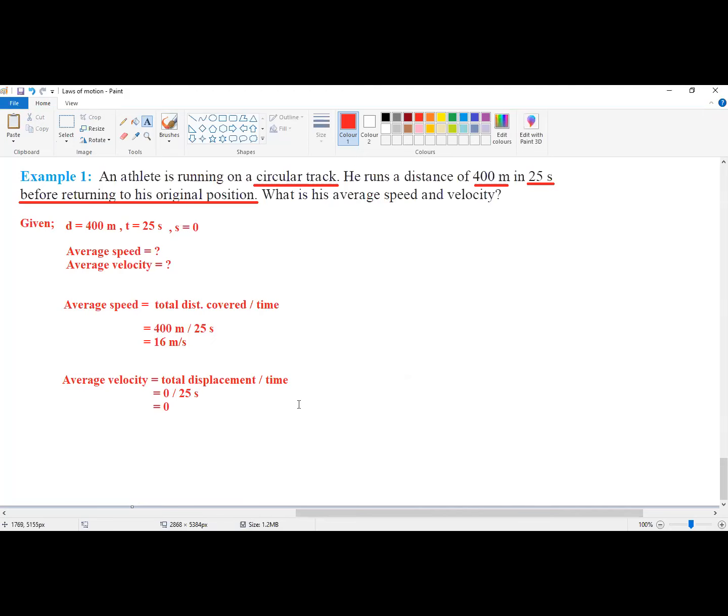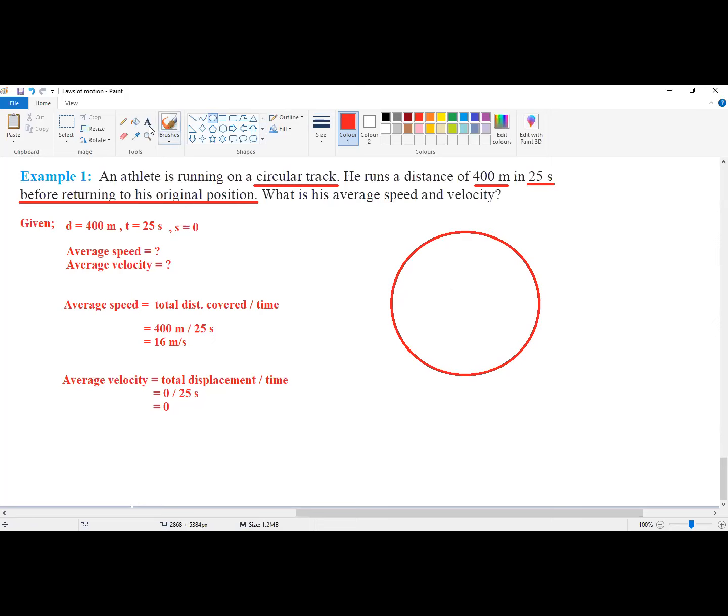Sir, how did you take that zero displacement? Yes, displacement is 0 because as per the given situation, the athlete is returning to his original position. So he is running on a circular track like this.